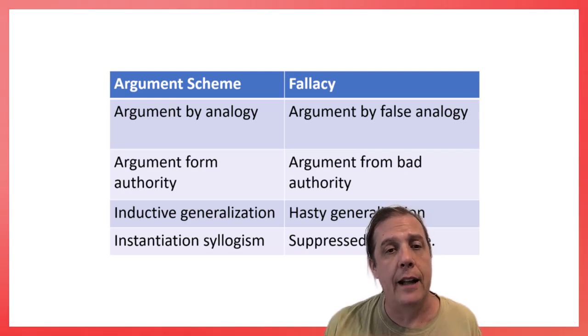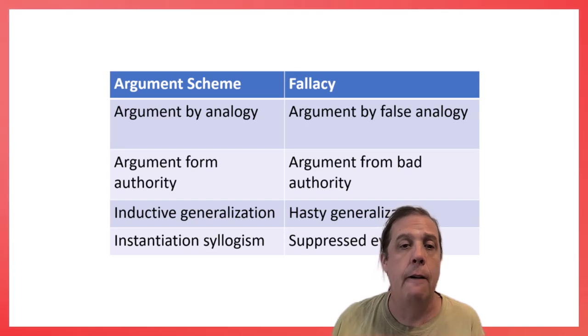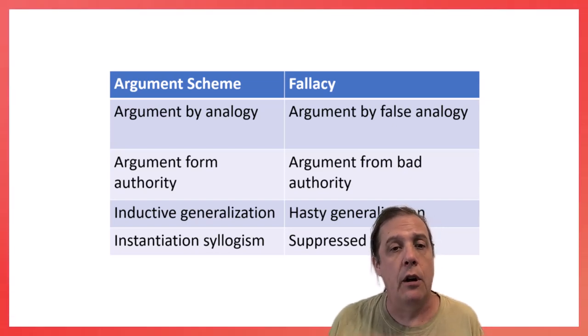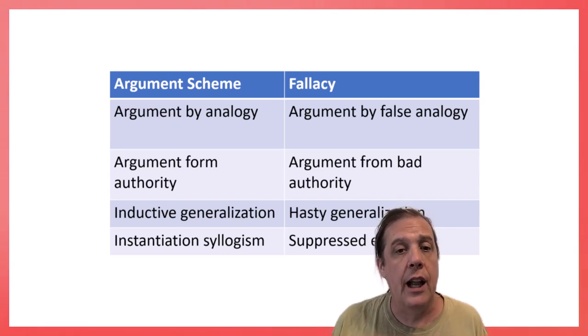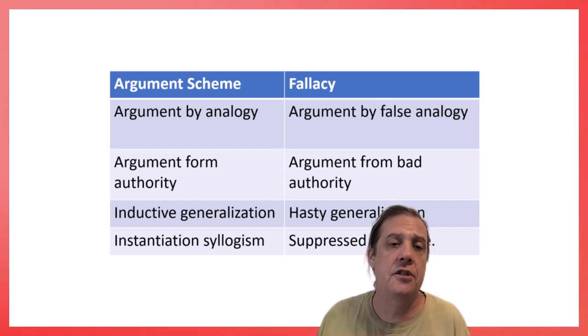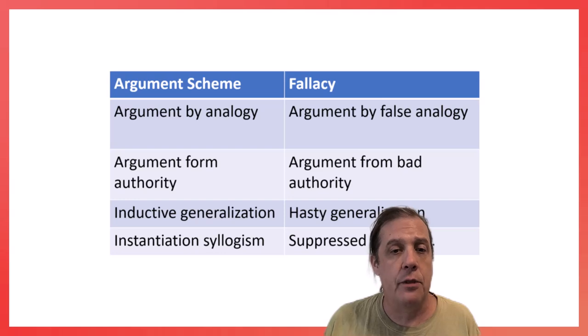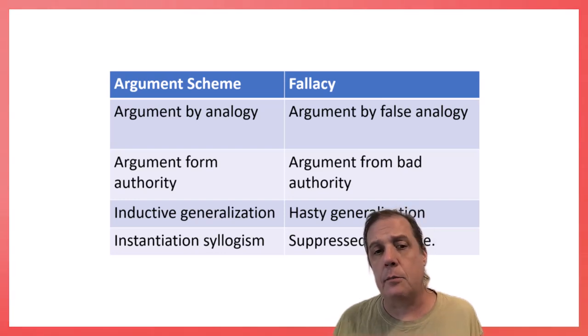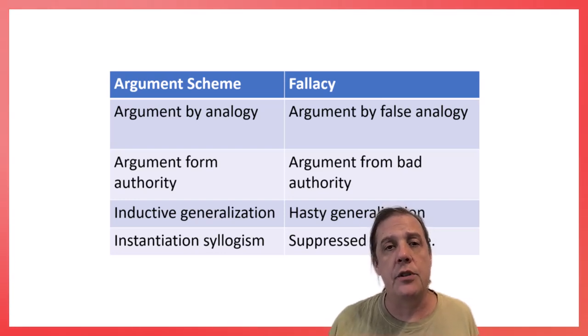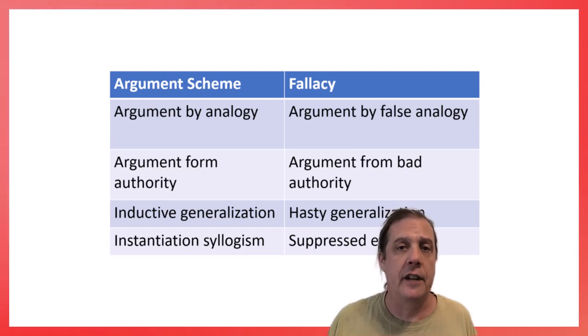For an argument by analogy, we're going to have an argument by false analogy. For argument from authority, we're going to have argument from bad authority. Inductive generalization, the fallacy is hasty generalization. And for instantiation syllogism, the fallacy is suppressed evidence. But all of this is mostly preview. Right now, you just need to know the basic evaluative terms: valid, sound, strong, and cogent.